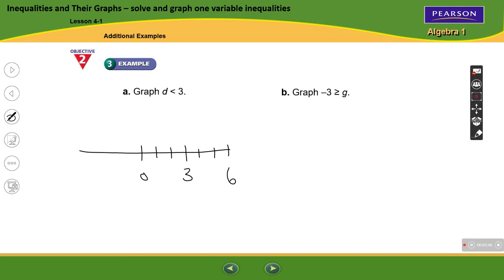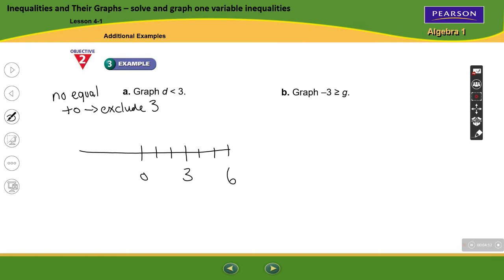So for d, first thing you have to do is you have to make a couple of decisions. You have to decide first, what type of dot are you going to place on this number line? Because there is no equal to, that means we are going to exclude 3 as part of our solution. 3 does not work.